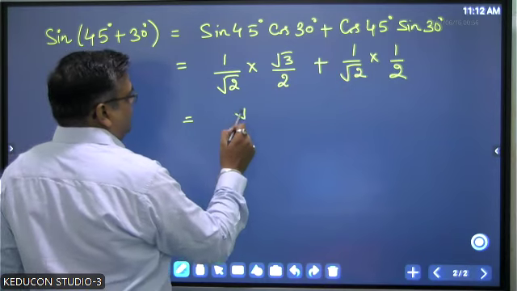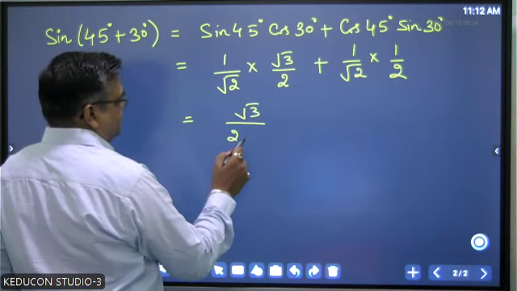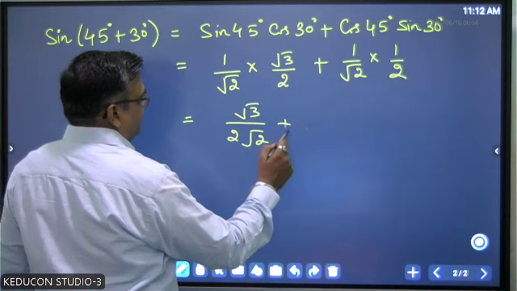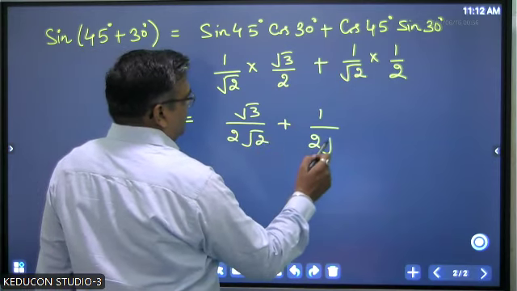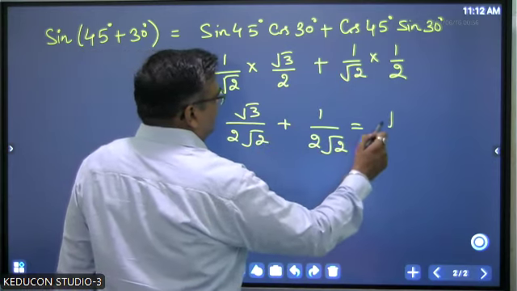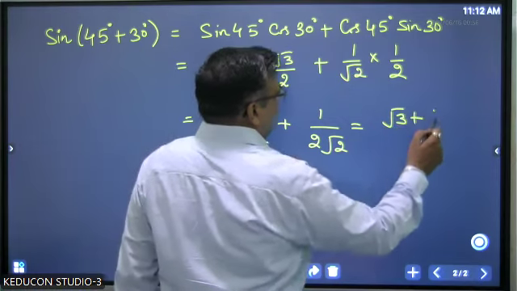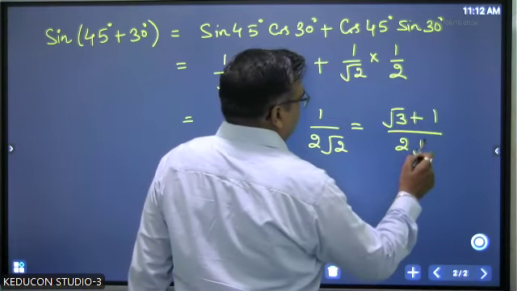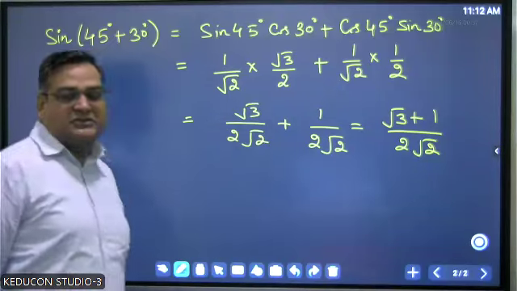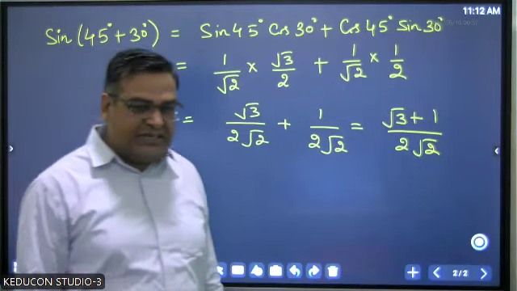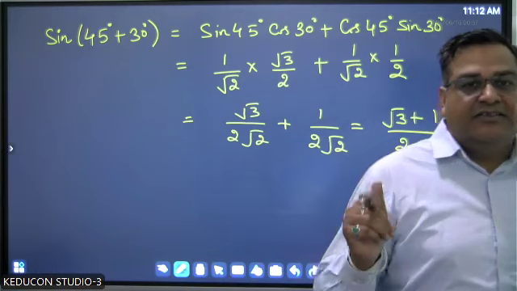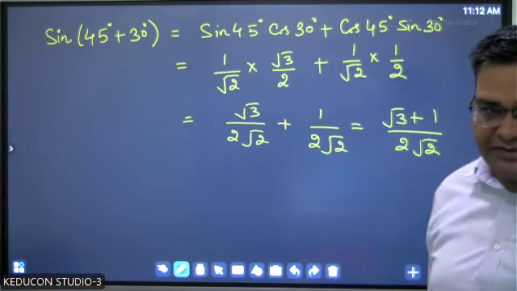So you will take the LCM. So this will become root 3 plus 1 over 2 root 2. Right? So Priyansh, I think you have written 3 plus 1. It has to be root 3 plus 1.